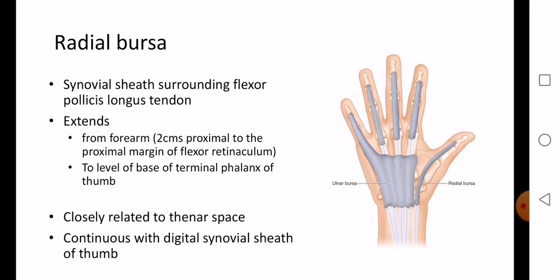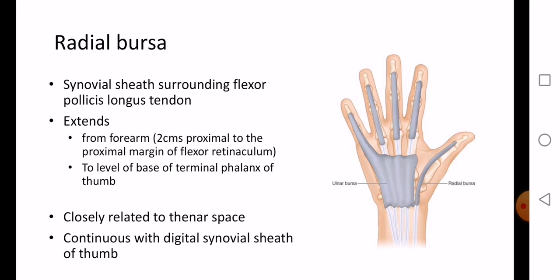Now look at the diagram. All of you identified the radial bursa. The radial bursa is a synovial sheath surrounding the flexor pollicis longus tendon.